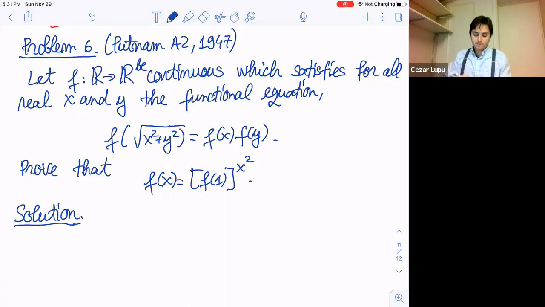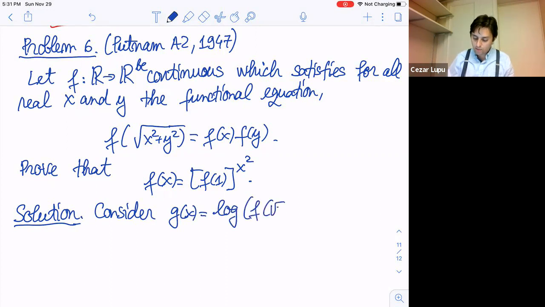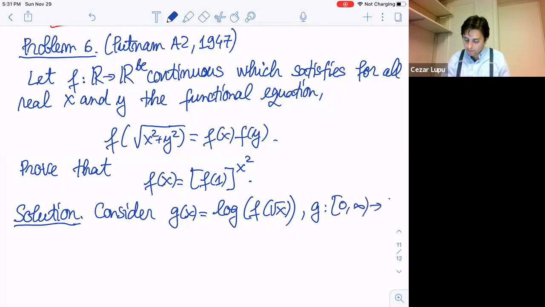For example, consider g of x to be, and let me take the natural log of f of the square root of x. And g is defined on the set of non-negative reals and is real valued.